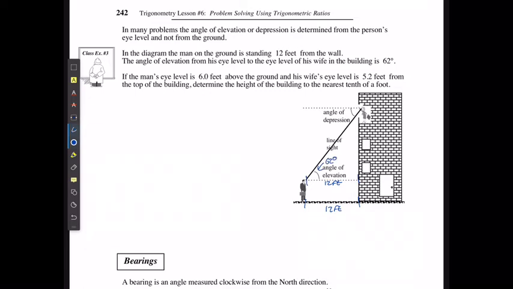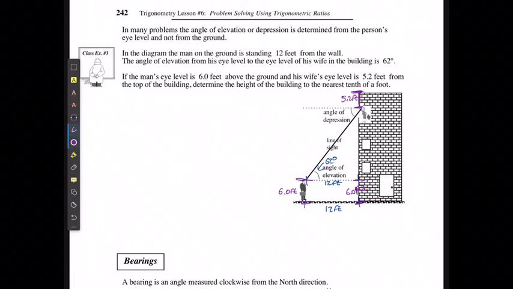If the man's eye level is 6.0 feet off the ground, and his wife's eye level is 5.2 feet from the top of the building, determine the height of the building to the nearest tenth of a foot.